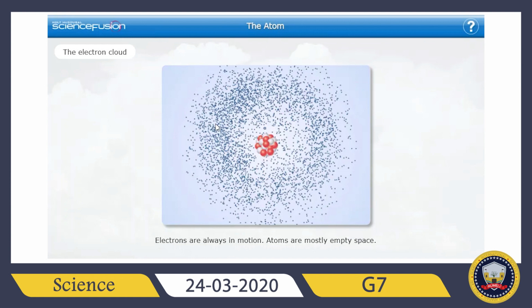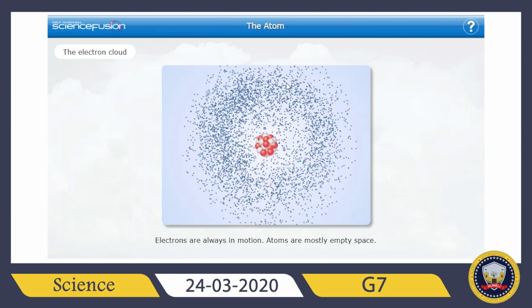They are really fast, they are always in motion, and we can't know the exact places of the electrons.